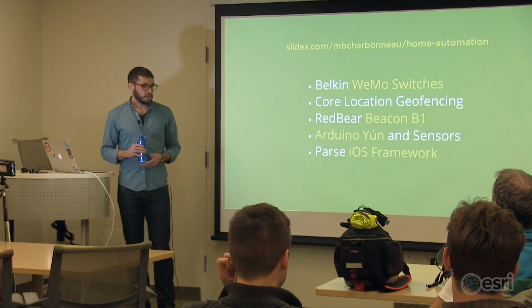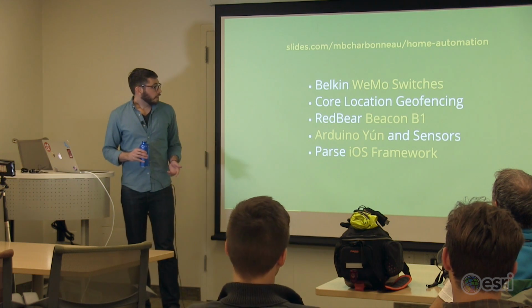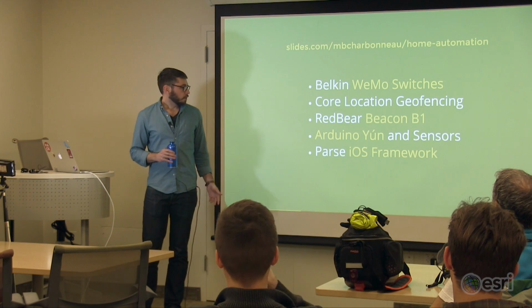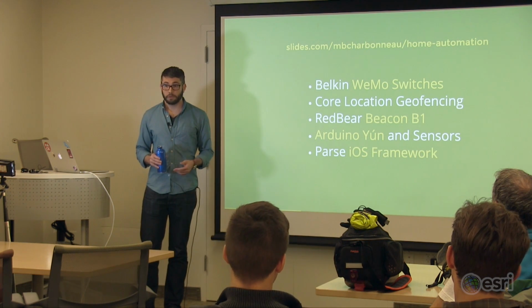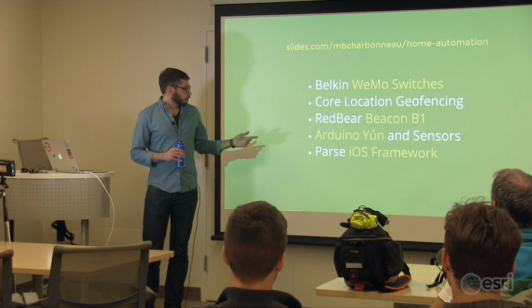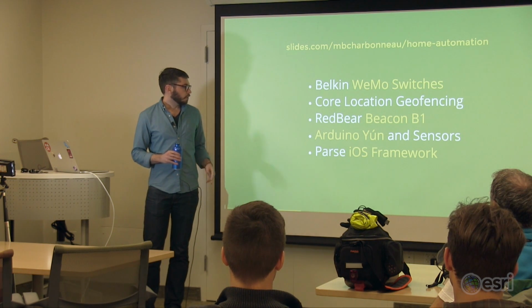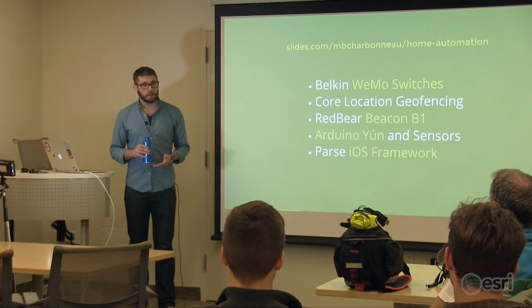For indoor positioning, I use iBeacons from a company called Red Bear. My app communicates with my Arduino for sensors and information about the real environment. And last, I use Parse to handle the communication between the Arduino and the iOS app. I'll talk about that in a little bit.